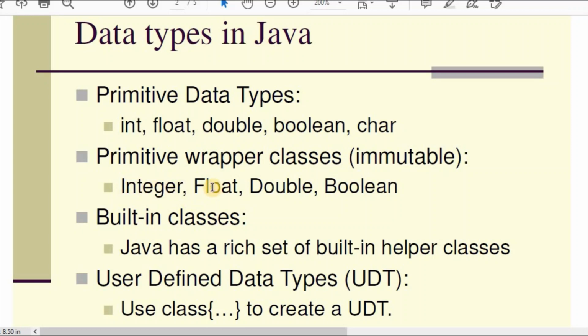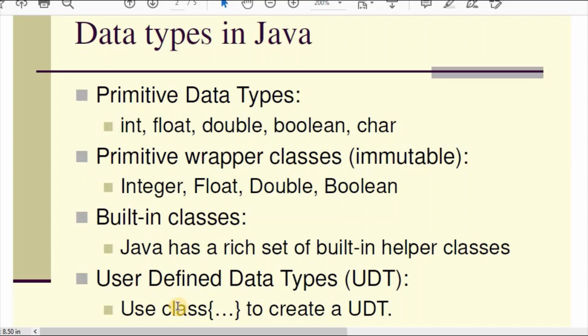And that means they are the wrapper classes. Yeah, I will mention in a while when and where we use them. Anyway, we also have built-in classes or built-in helper classes in Java, and again I will mention that as we see some code.